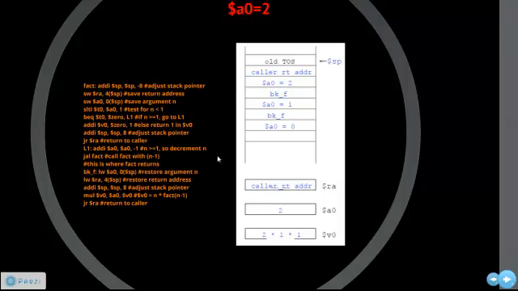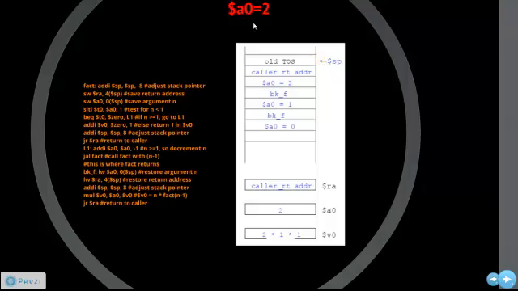Okay, again the value stored in this address is loaded into A0, which is 2. The value stored in this address is loaded into RA, which is the caller return address. The stack pointer is increased. As you remember, when we started the procedure, the stack pointer was at this position.